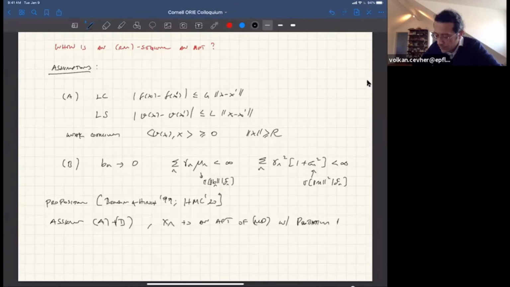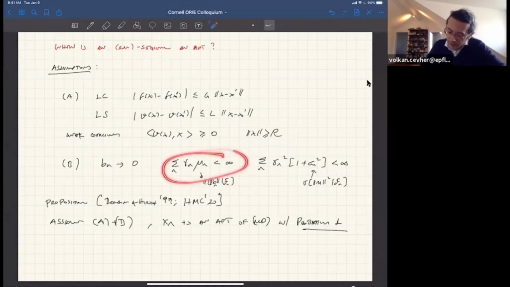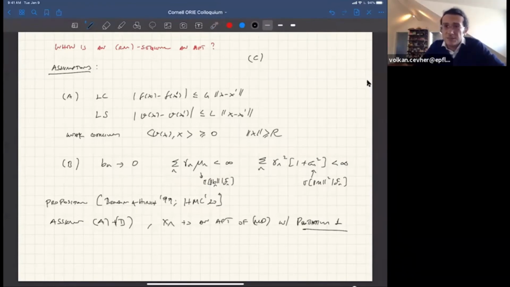Now, these conditions are not interpretable. So what we added here is this assumption C, which is a bit easier to digest. We assume a condition on the step size, n log n 1 plus epsilon.